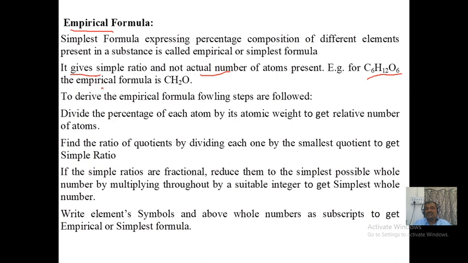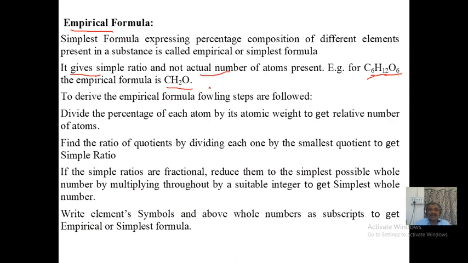If I ask what will be the empirical formula of C6H12O6, so it becomes CH2O, because when you divide the whole by 6, 6 divided by 6 becomes 1, 12 divided by 6 becomes 2, and oxygen 6 divided by 6 is again 1. So CH2O will be the empirical or simplest formula for the given molecular formula of glucose, C6H12O6.